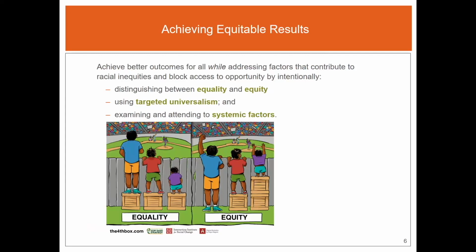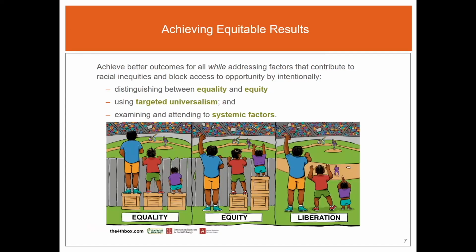And in this example, that would actually lead to taking the fence down. That would be a systems move right there. The slide is labeled liberation, but you can see everybody can see the ball game at this point.